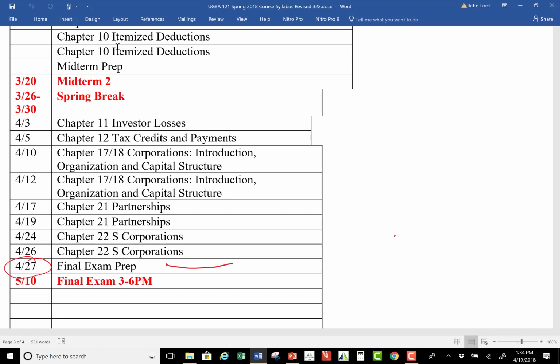Will free response be more towards 17, 18? Yeah, more, 10 questions from 17, 18, and the remaining 5 sort of scattered amongst the other chapters.